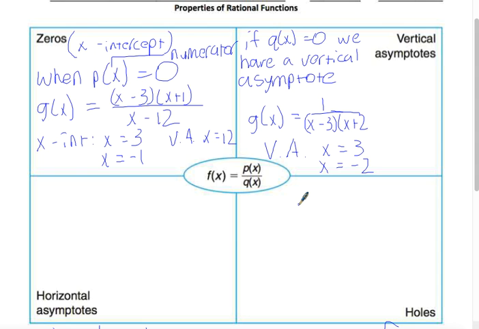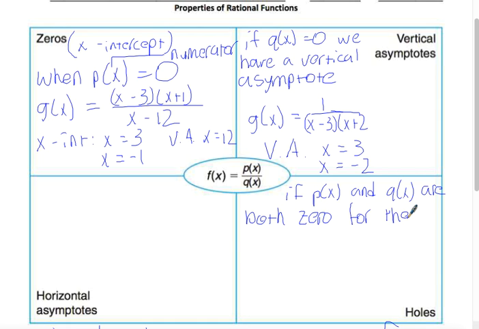So we get a hole in the graph if p of x and q of x are both 0 for the same x value. So again, I'll make up a function.